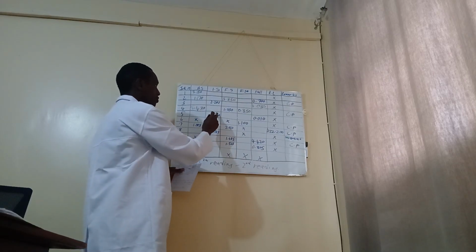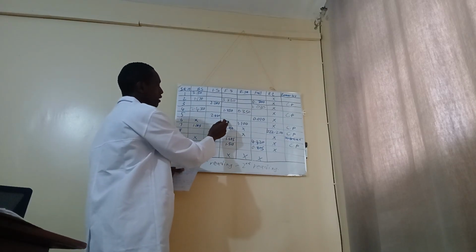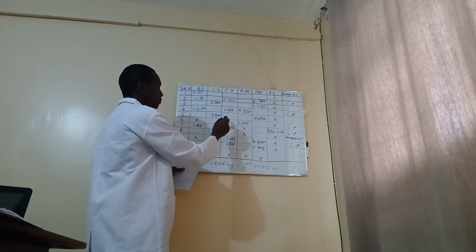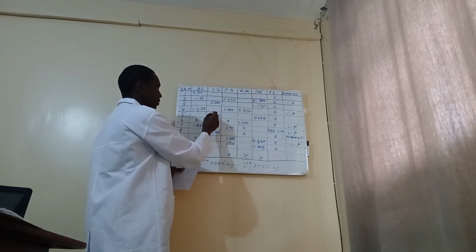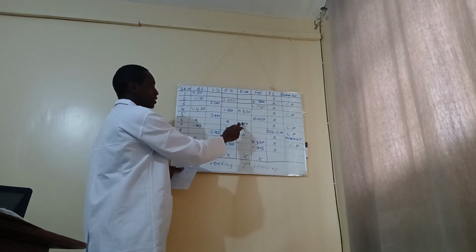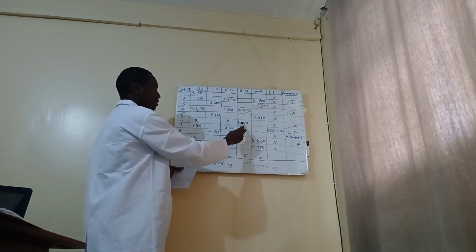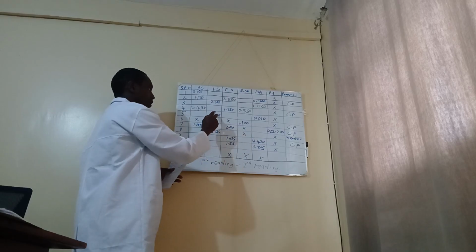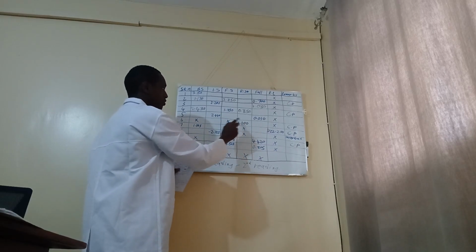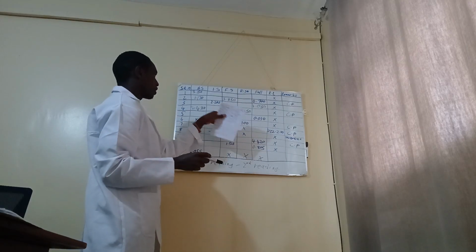Next, we move now to this one minus this one, and it is giving you a rise. So if it is giving you a rise, it means this value is smaller than this one, because this reading minus this reading is giving you a positive value, and that positive value is a rise. So you take this one, you minus this one, so that you can get this one, because this one is a smaller value than this.